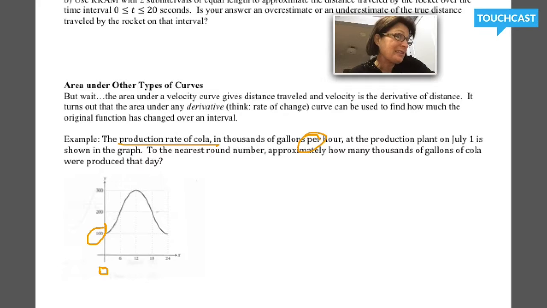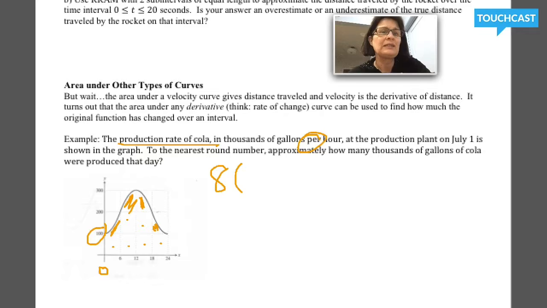If I was going to count rectangles, I see 1, 2, 3, 4 whole rectangles, 5, 6 whole rectangles. Maybe I decide that this and this together add up to a 7th rectangle, and this adds up to an 8th rectangle. So that tells me that I have 8 rectangles.